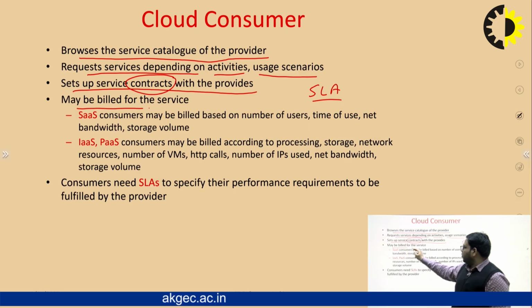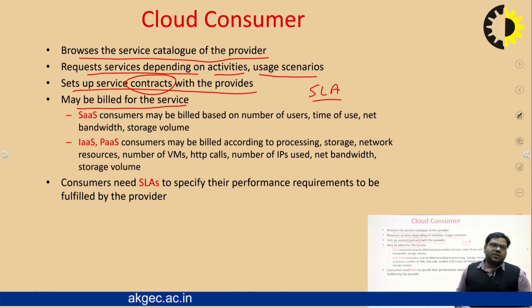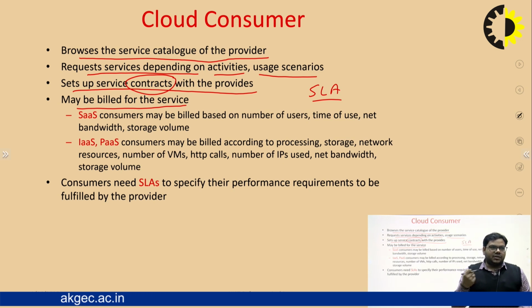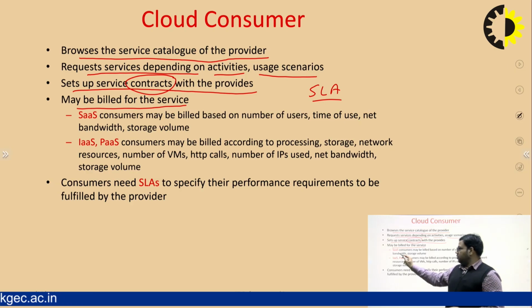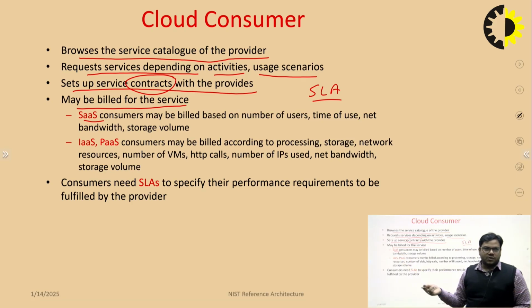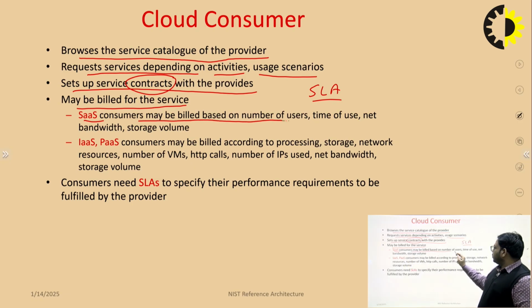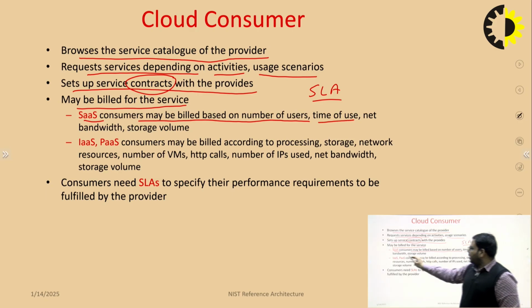And it can be billed for the service. Yes, if they are utilizing the service, there would be a bill which would be billed by the cloud service provider to the consumer. So it could be billed for the software as a service, SaaS. These are the service delivery models we would be discussing in the next lecture. And the consumer may be billed based on the number of users, time of usage, NAT bandwidth, and storage volume.